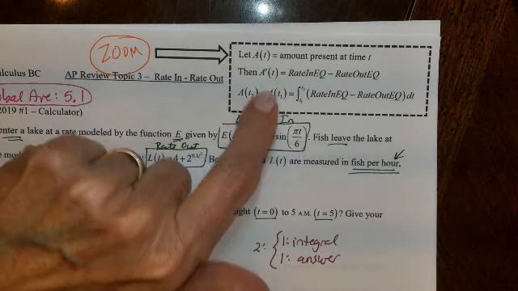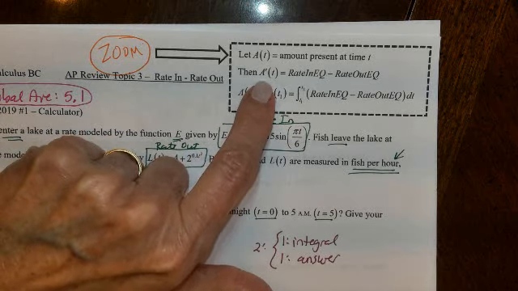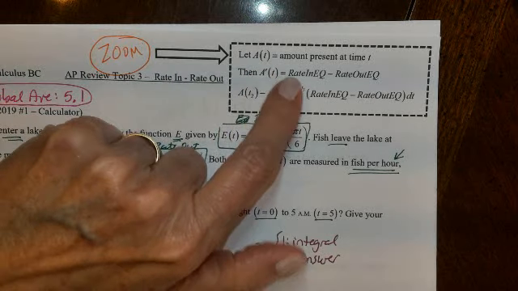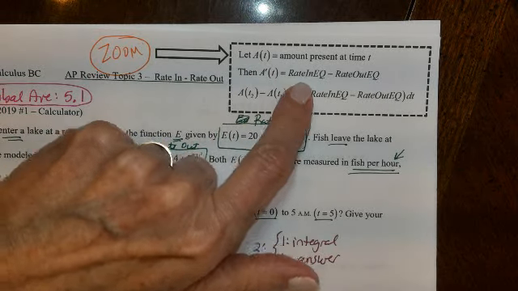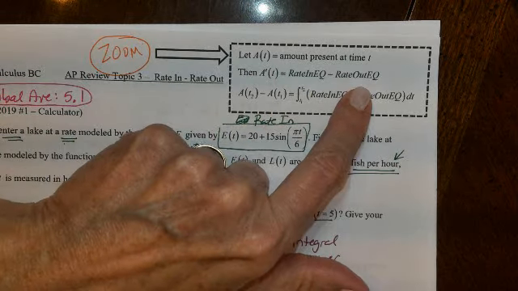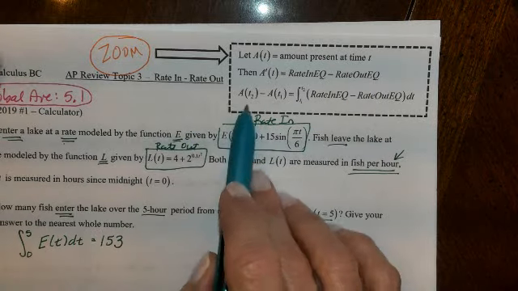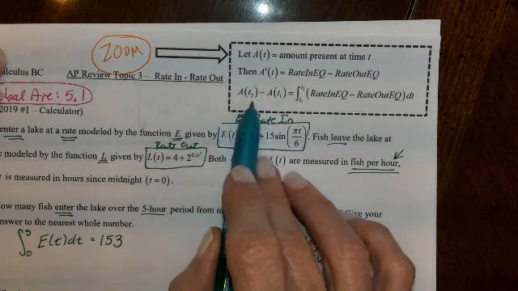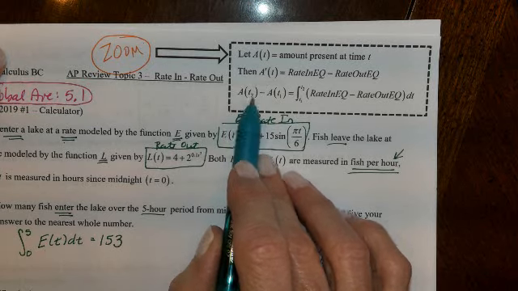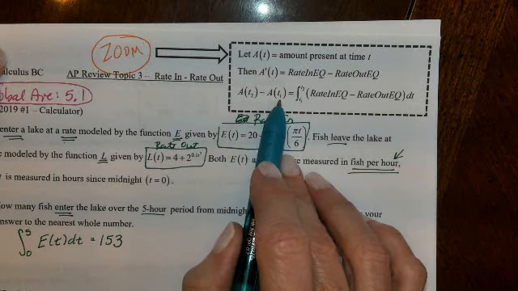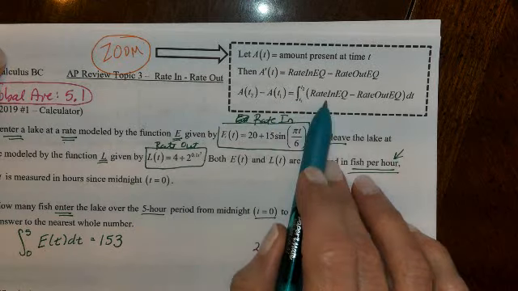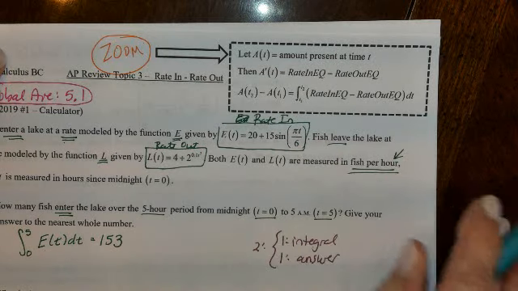In that case, A prime, the rate of change of the amount, will be the rate in minus the rate out. And setting up a fundamental theorem equation, we'd have A at our higher time minus A at the earlier time will be the integral from the earlier to the later time of A prime dt.